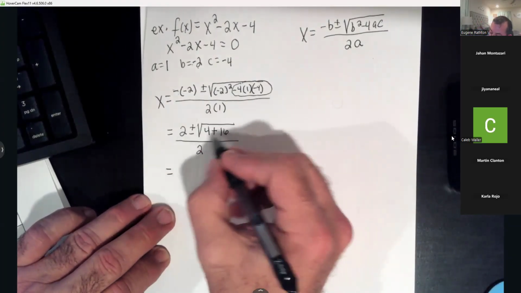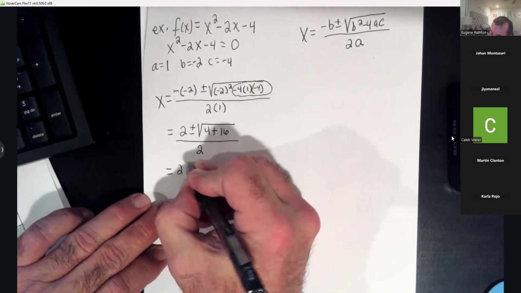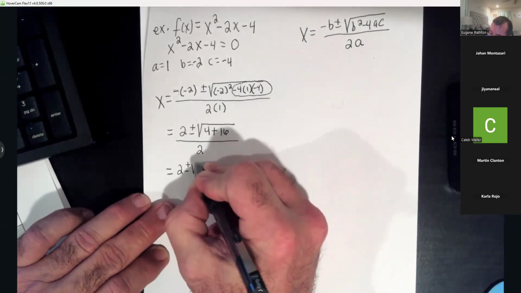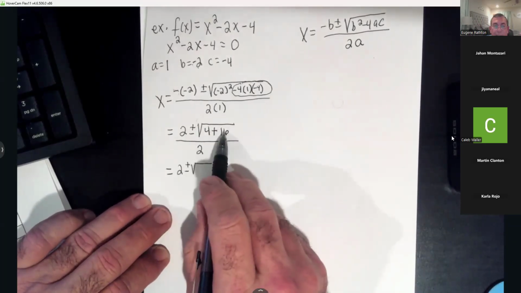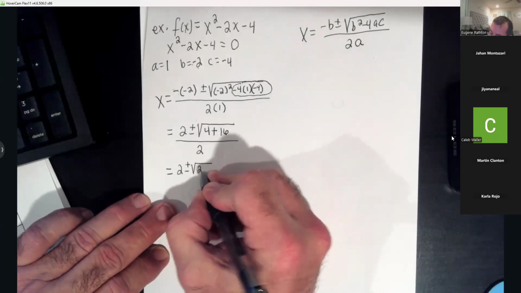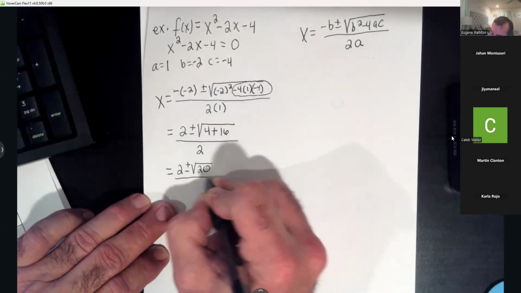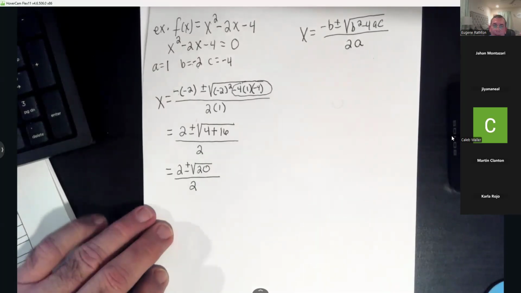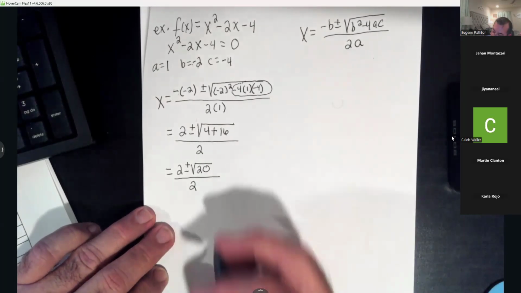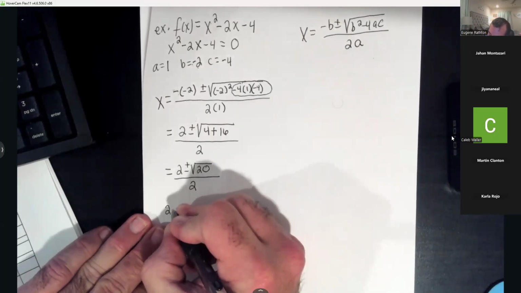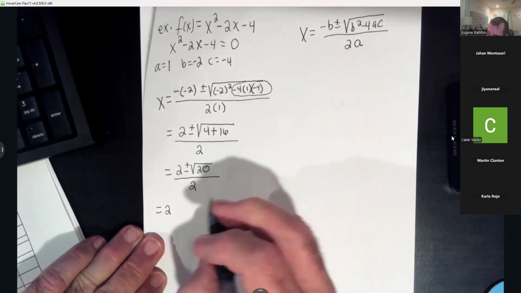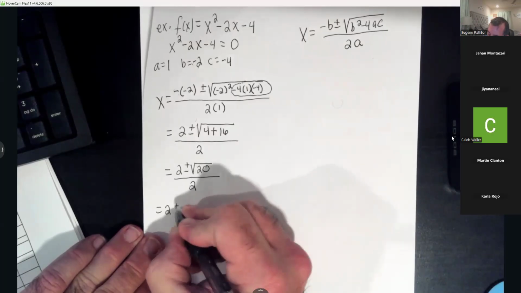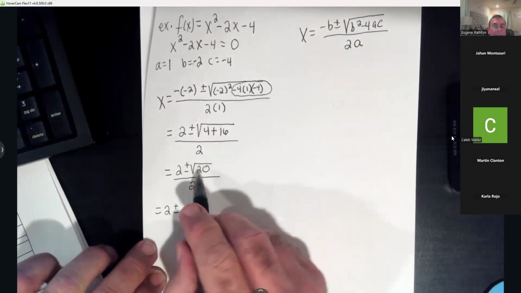All right, y'all, we're going to work under the radical now. That's the only thing I can work on now. 4 plus 16 gives me 20 under my square root, all over 2. I'm going to bring down my 2 plus or minus.